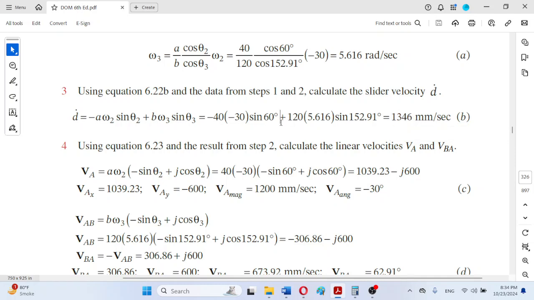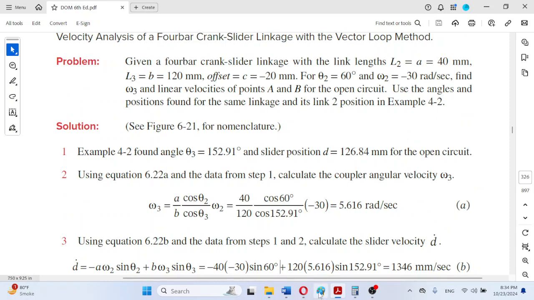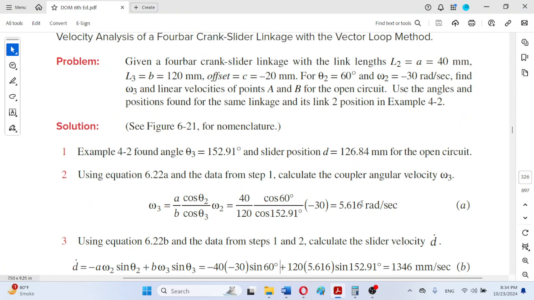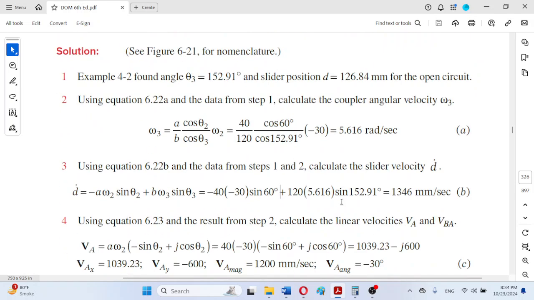So our results are quite near and matching. Our results show 1260 and here it is mentioned 1346. This is the magnitude for the open circuit.